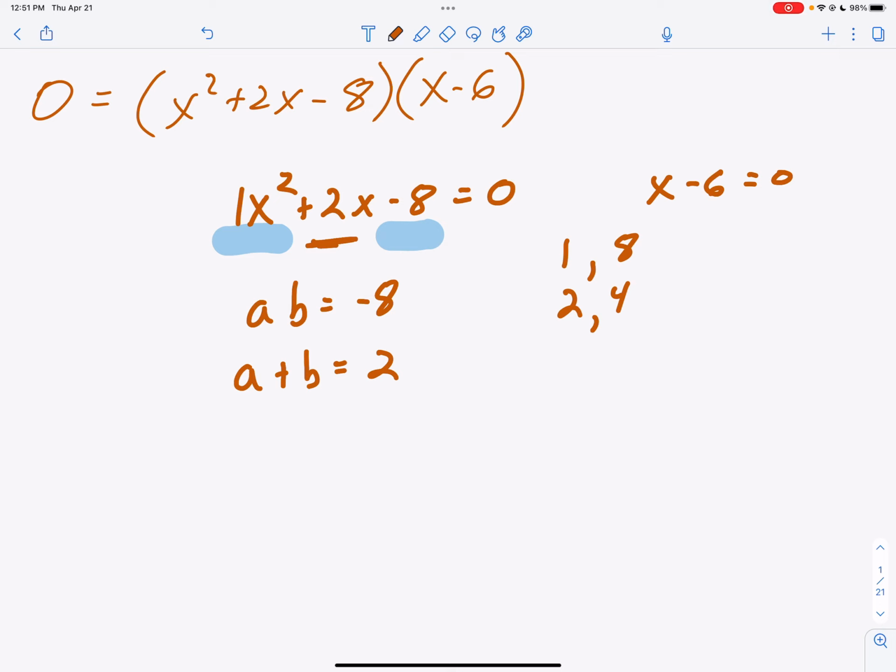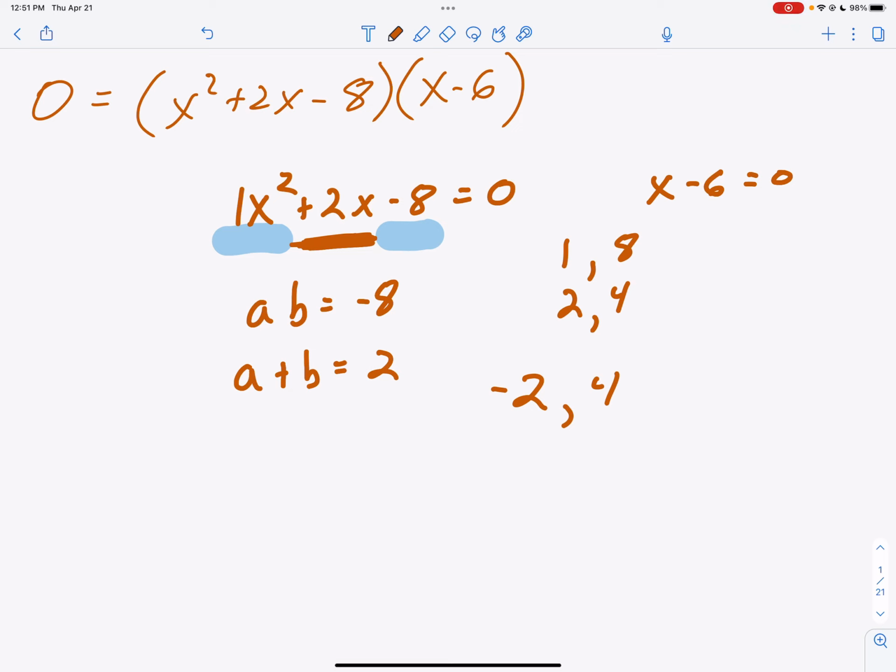One of those. So we look to this. They need to add together to be a positive number. So whatever we do, the bigger number is going to have to be positive, because that's the only way this can add together to get +2. So it's clearly -2 and 4. I got -2 and 4 because these two multiply together to get -8, and they add together to get +2.